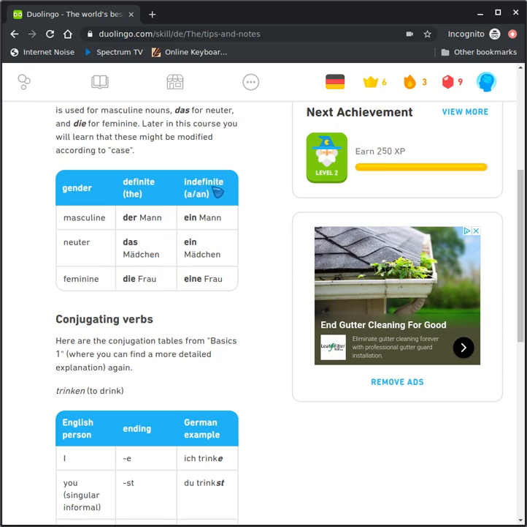And for indefinite article, we have ein. Oh, these are new. Ein and eine. So we're introducing these right now. This is the first time we've seen these. Indefinite articles. Ein Mann, which is a man. Ein Mädchen, which is a girl. And eine Frau, which is a woman.